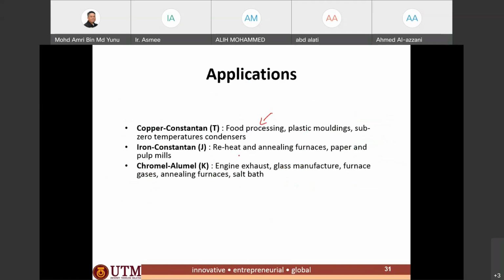Type J is used in processes that require furnaces, and paper mills. Type K is generally used in engine exhaust and glass manufacturing. That's where they are usually found or used.